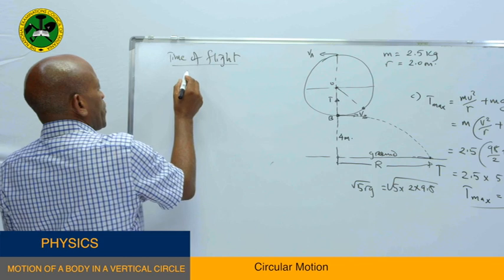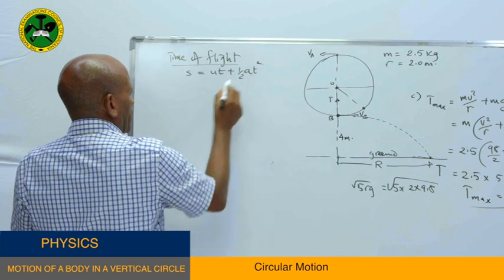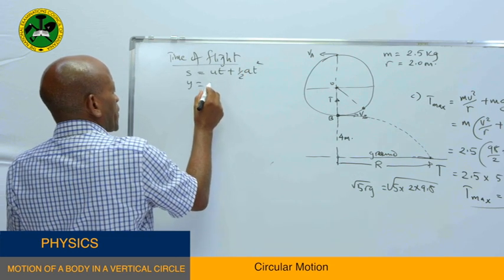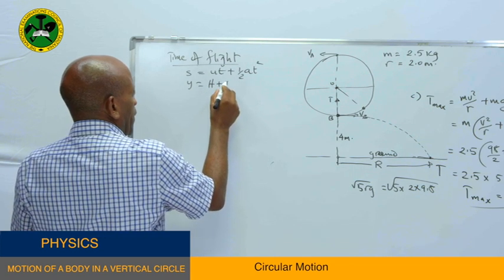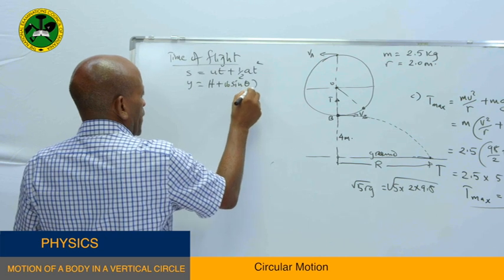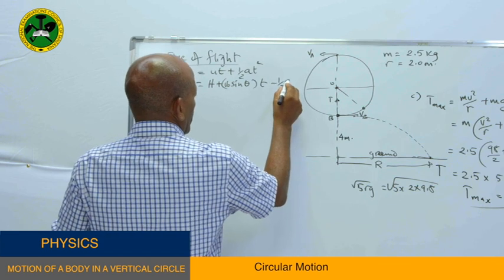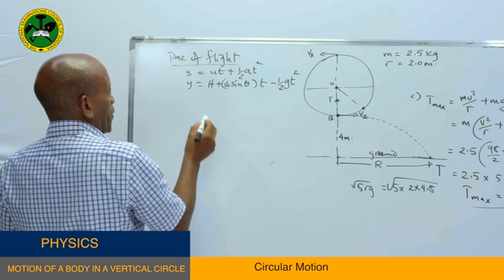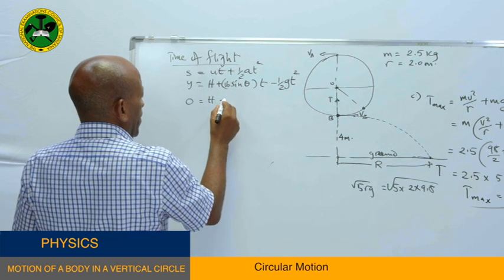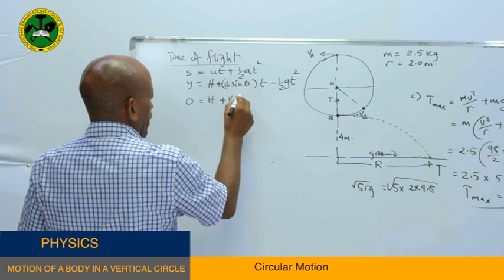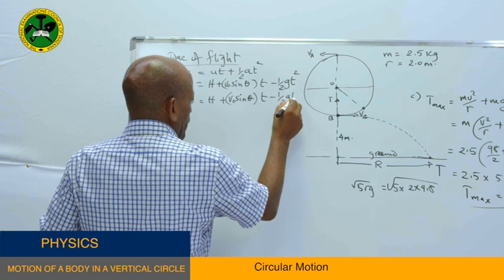The time of flight will depend upon this particular equation, which is y equals h plus v naught sin theta times t minus a half times g t squared. Taking the time of flight, we put y equal to 0, which is 0 equals h plus v naught sin theta times t minus a half g t squared.